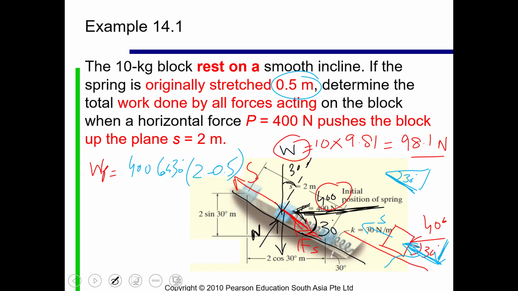And you know that this will contribute to positive work done or negative work done. Are both the force and the displacement in the same direction or in opposite directions? Same. So this should be a positive number. Can you tell me the value? Please calculate and tell me what this value is.